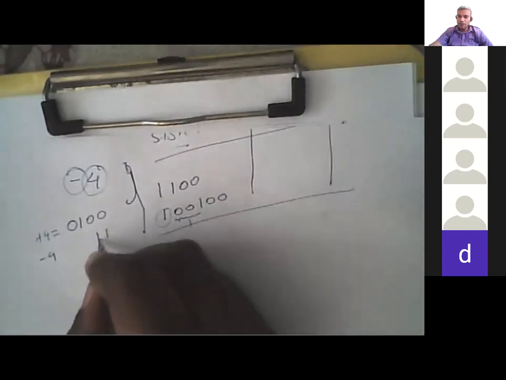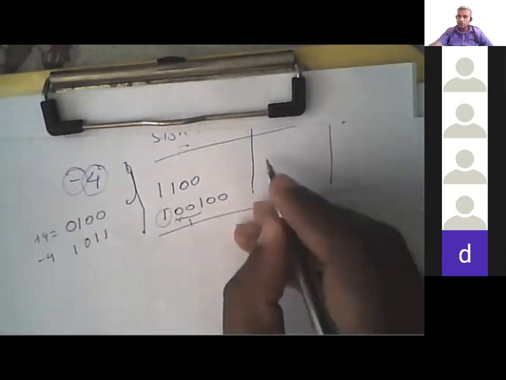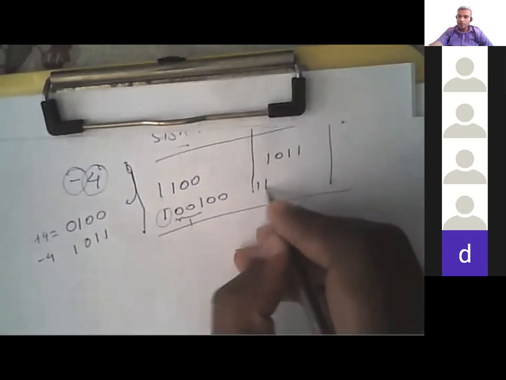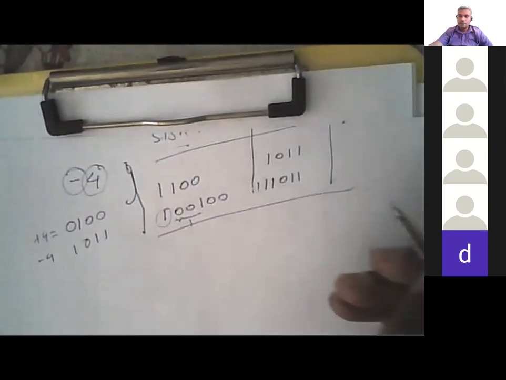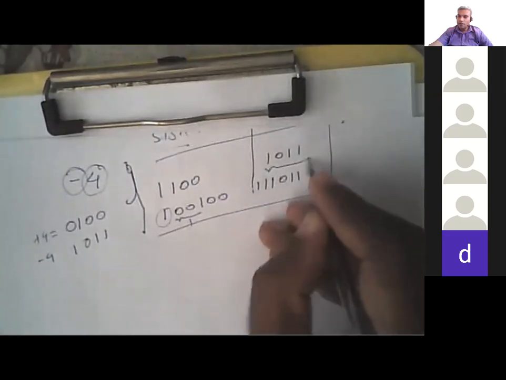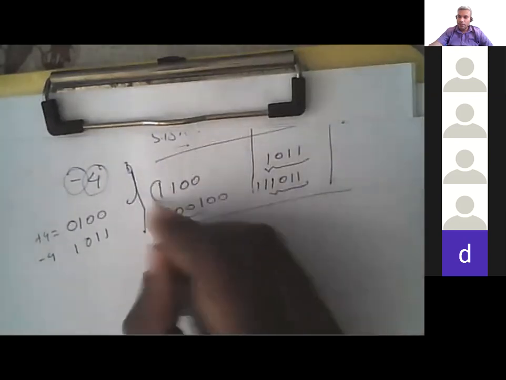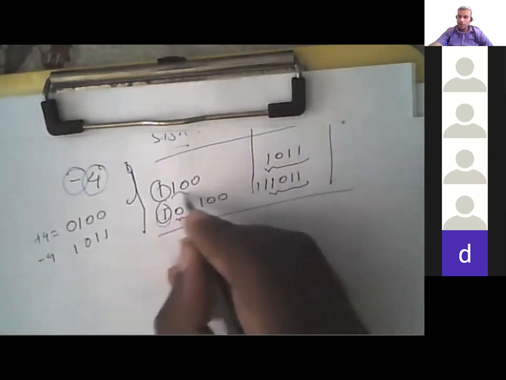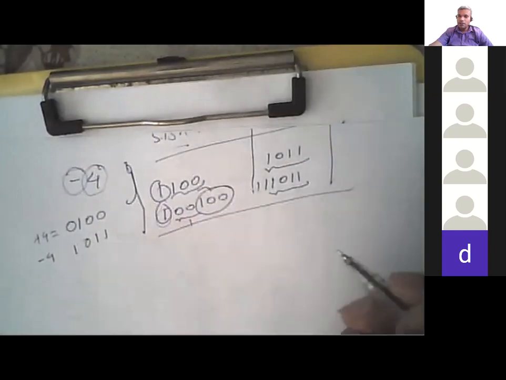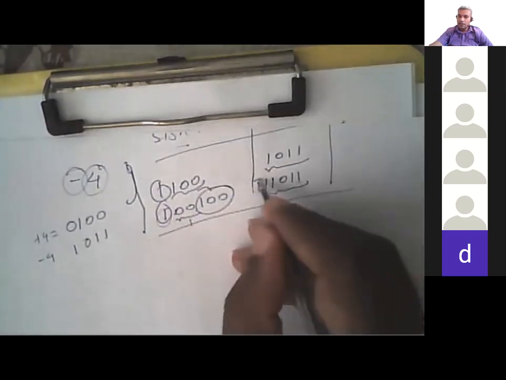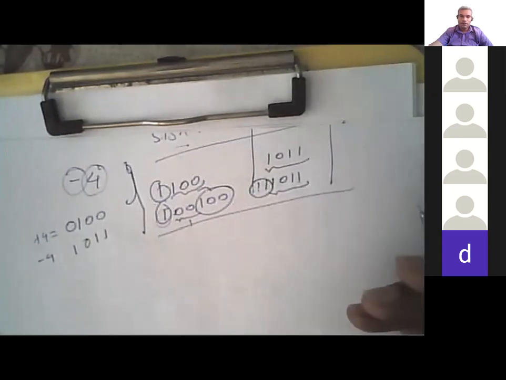So it should be 1, 1, 0, 1. Again, you can have some leading ones if you wish, but this part should be there. Similarly, in this one, you need to have these bits and these bits in this one. In between, you can have leading ones. In here, the leading ones are at the front.